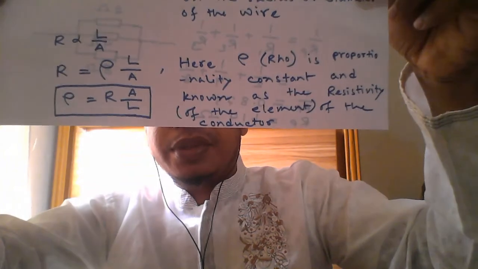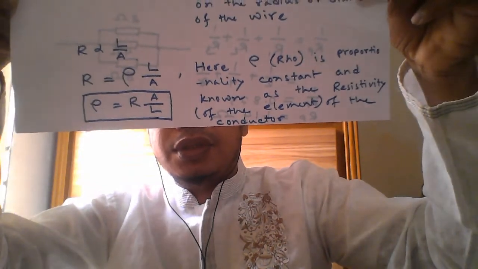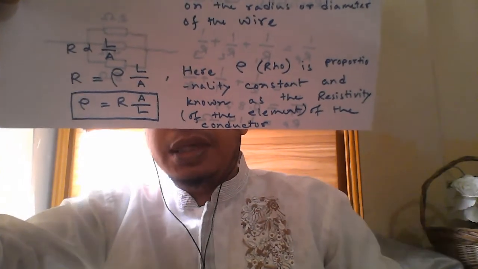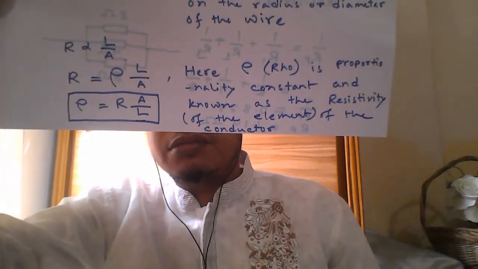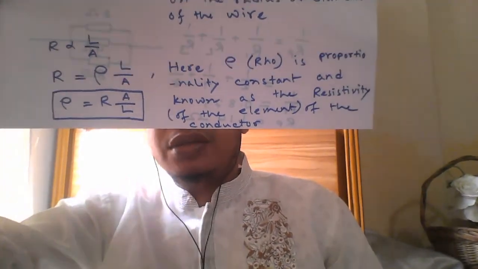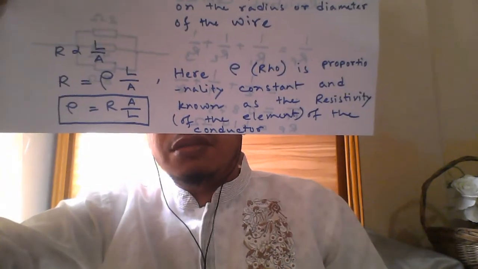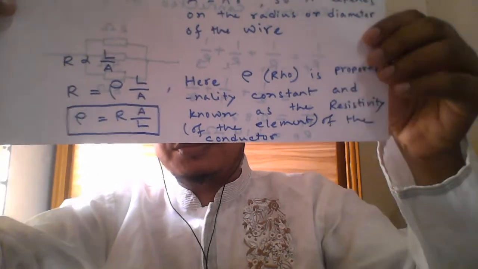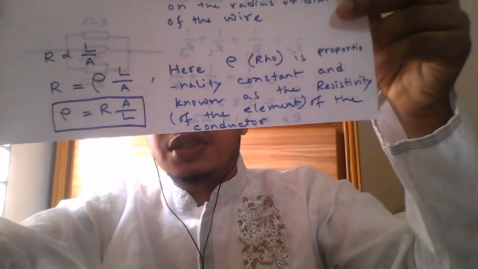Actually resistivity is directly involved with an element like copper, iron, silver or any other conductor.